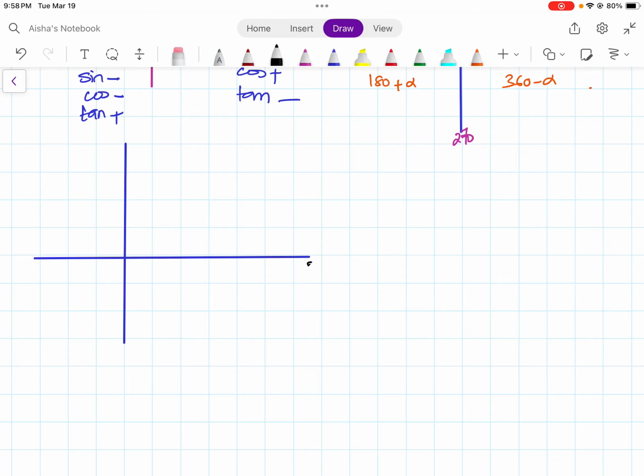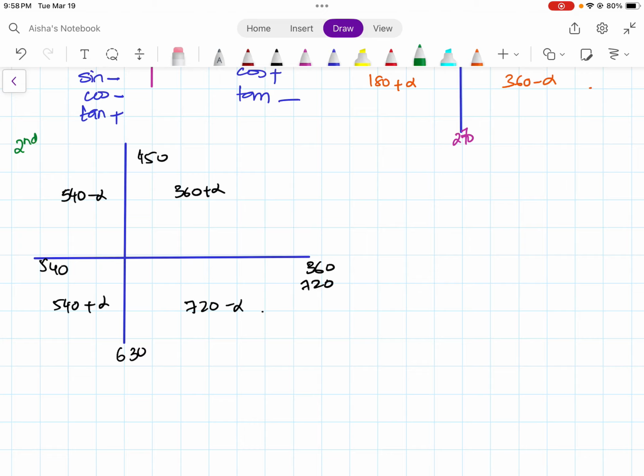In the second rotation, it is 360, 450, 540, 630, and then it is 720. The formulas are 360 plus alpha, 540 minus alpha, 540 plus alpha, and then 720 minus alpha. This is called my second rotation.